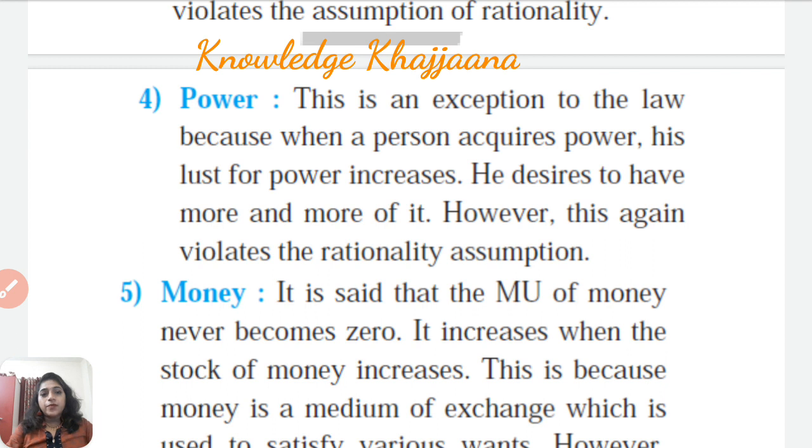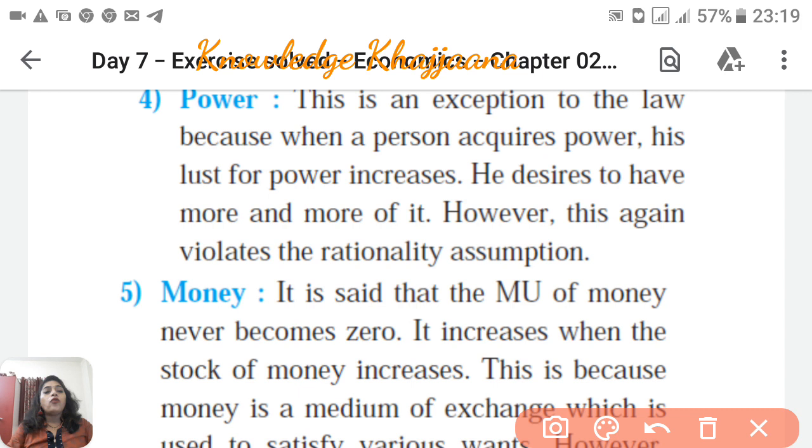Next, power. When I taught you this concept, I gave nice examples along with illustrations and pictures. See what is meant by power. This is an exception to the law of diminishing marginal utility, because when a person acquires power, his lust for power increases.